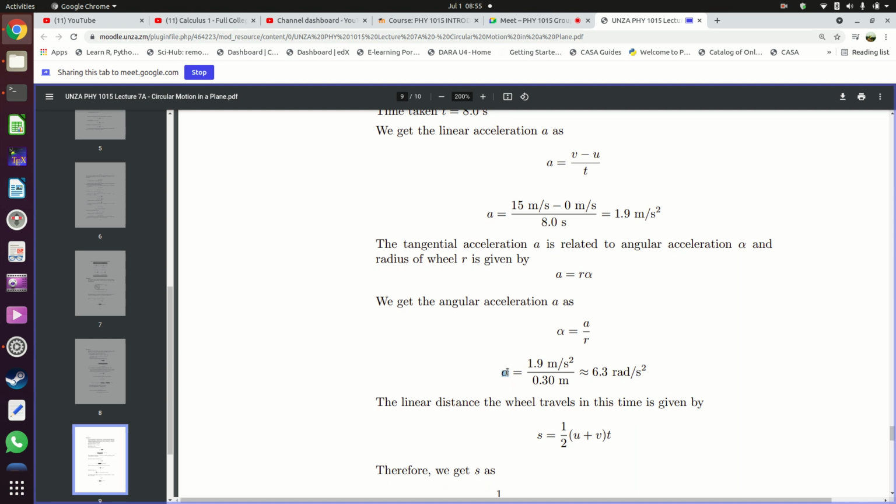When you divide 1.9 meters per second squared by 0.3 meters, the meter and the meter cancel out, and you are remaining with only second squared. When the meter disappears, that's when the radian shows up. So in place of the meter, the radian surfaces. You don't write it as 6.3 per second squared, you write it as 6.3 radians per second squared.